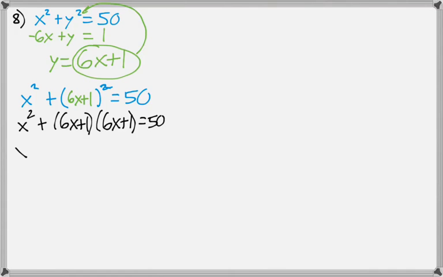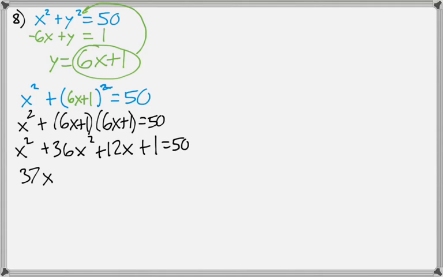So if you FOIL that, it's going to be 36x squared plus a 6x plus a 6x will be plus 12x plus 1 is equal to 50. So I want to get everything onto one side and 0 on the other. So this is going to be 37x squared plus 12x minus 49 is equal to 0.